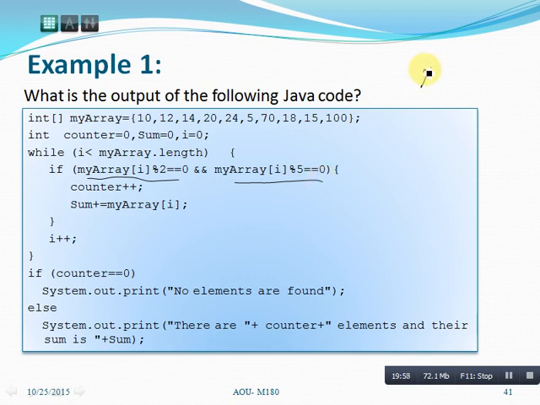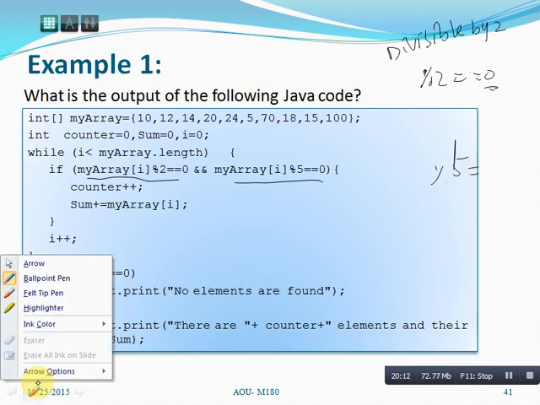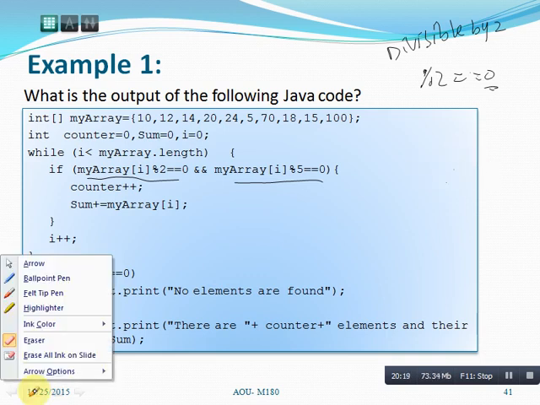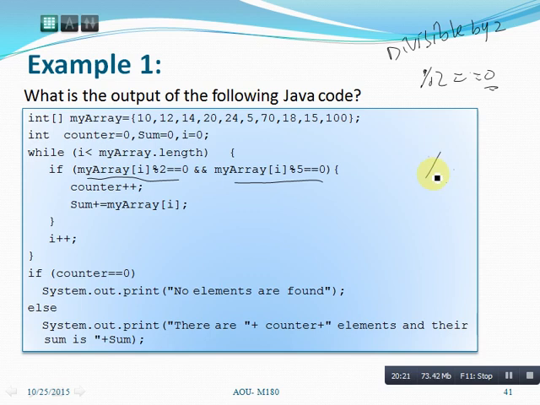So mod 2 is equal to 0 is nothing but a number divisible by 2, where the remainder is 0, and mod 5 is equal to 0 is nothing but a number which is divisible by 5.